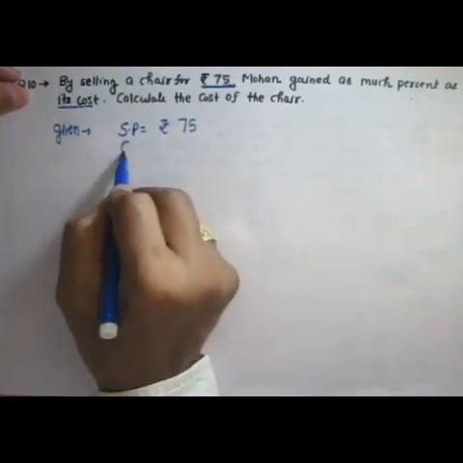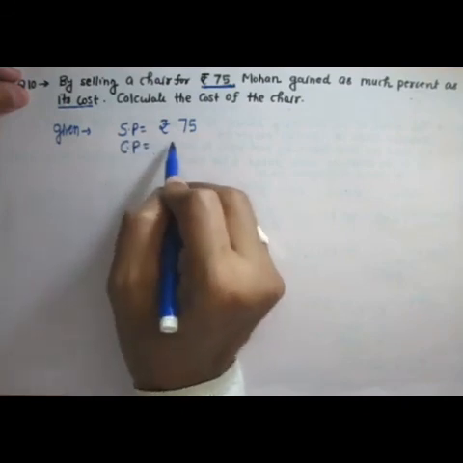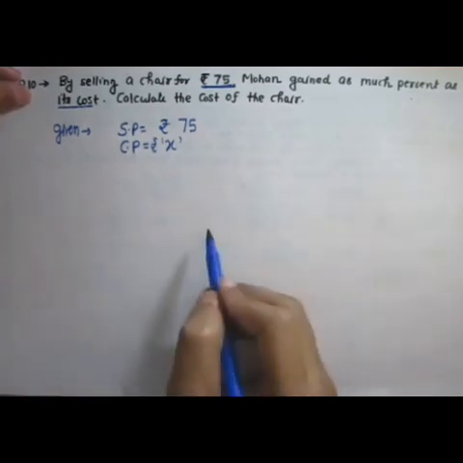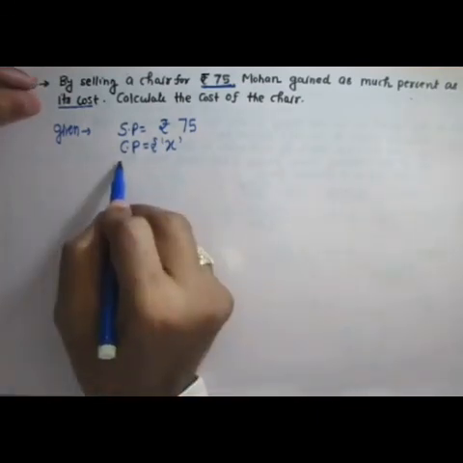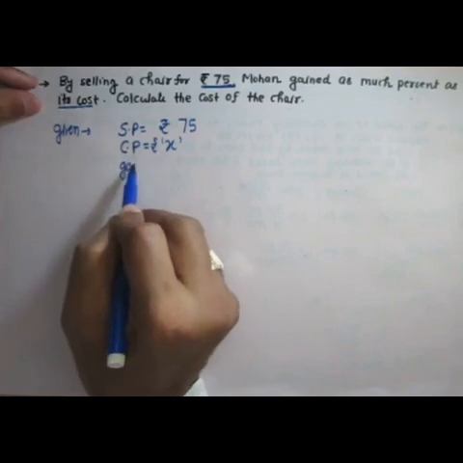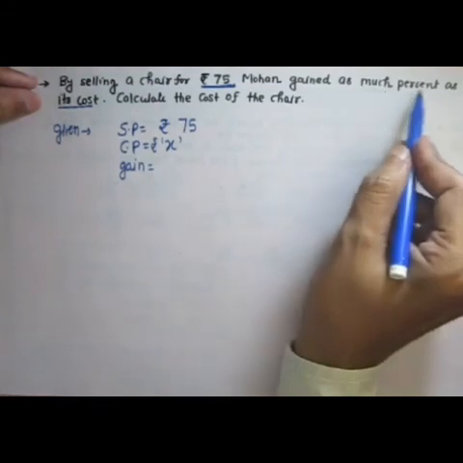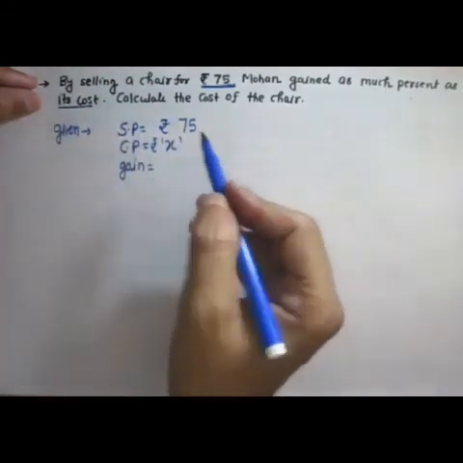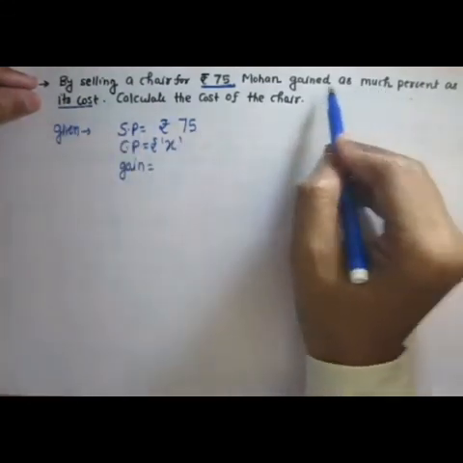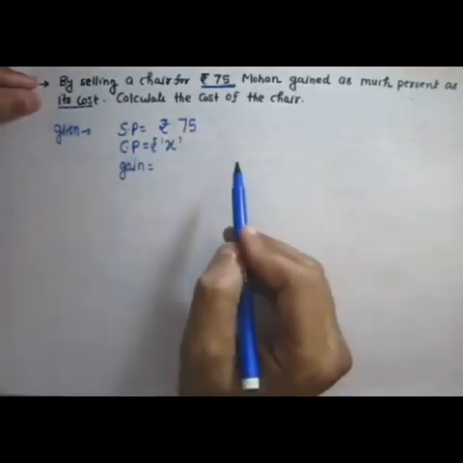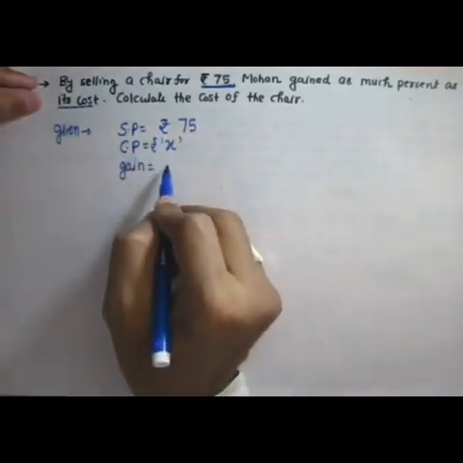Now cost price is not given, so let the cost price be rupees x. It is given that he gained as much percentage as its cost. So gain is also x%, because in the question it is given that Mohan gained as much percent as its cost. Clear?